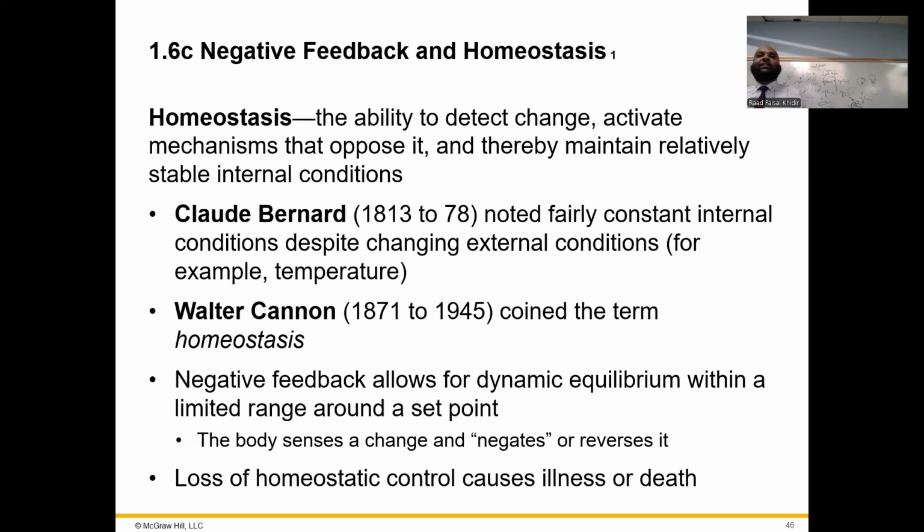In hyperglycemia, insulin does negative feedback and reduces glucose. In hypoglycemia, glucagon does negative feedback and increases blood sugar concentration. Why is that? Because the negative feedback is when we are reversing the stimulus. The stimulus was hyperglycemia. We had too much sugar.